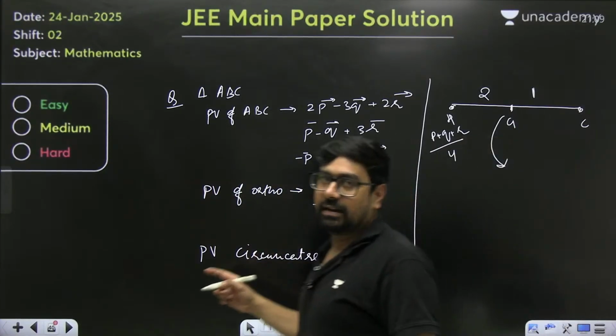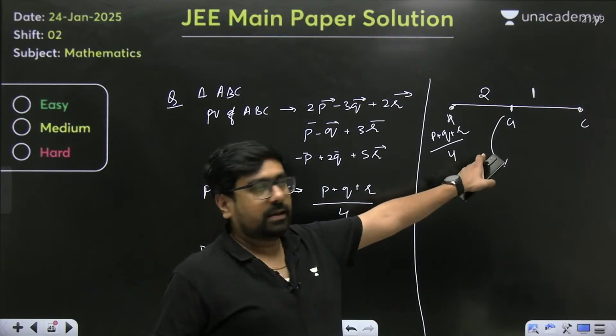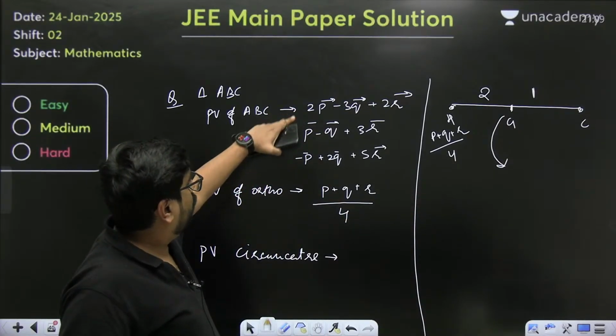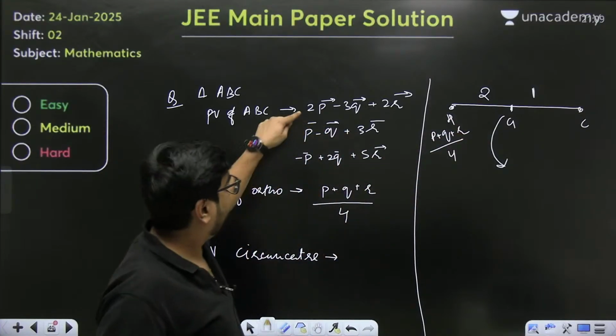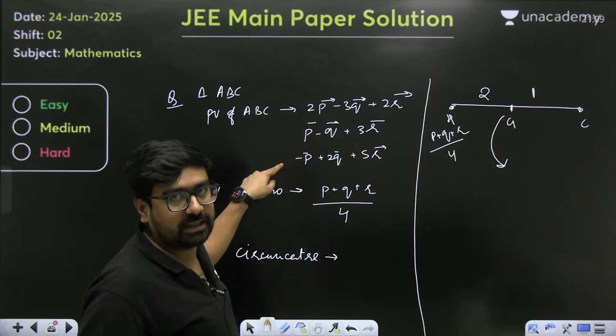So first thing, the centroid you can find easily. The position vector of the centroid is (A1 plus A2 plus A3) divided by 3.